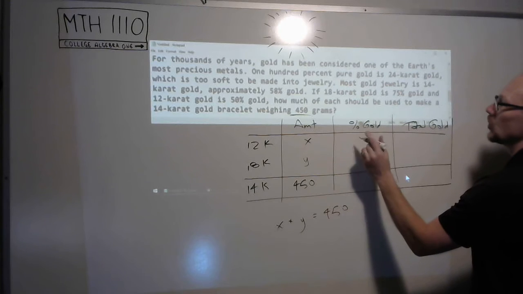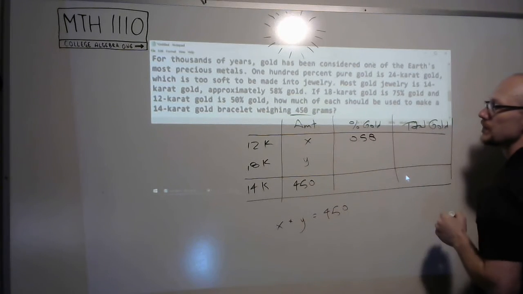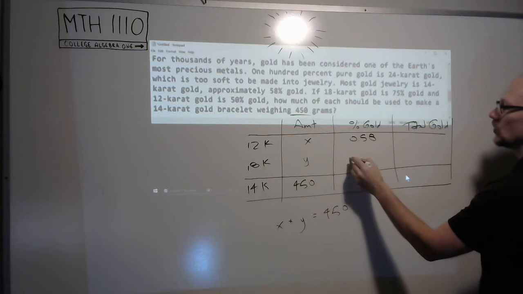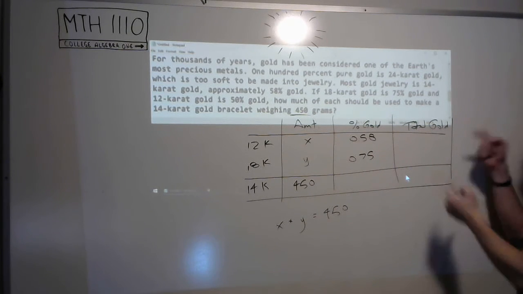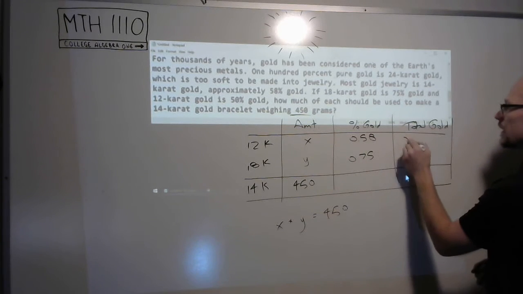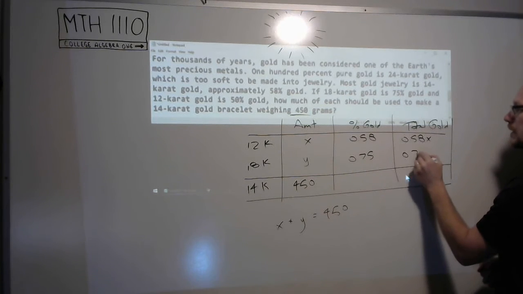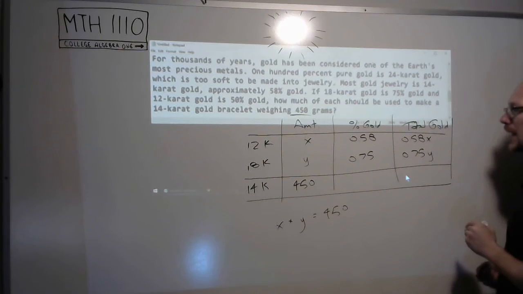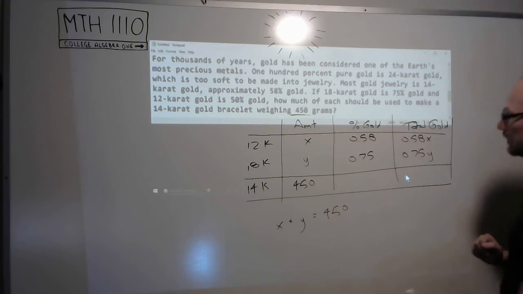The 12 karat gold is 58% gold. The 18 karat gold is 75% gold, which means the total gold in that x grams is 0.58x, 0.75y, and if this right here, the 14 karat, oops, I did this wrong, didn't I?